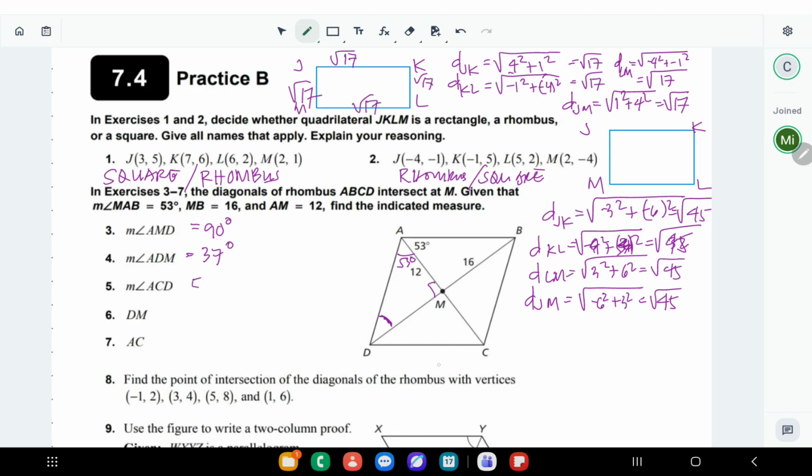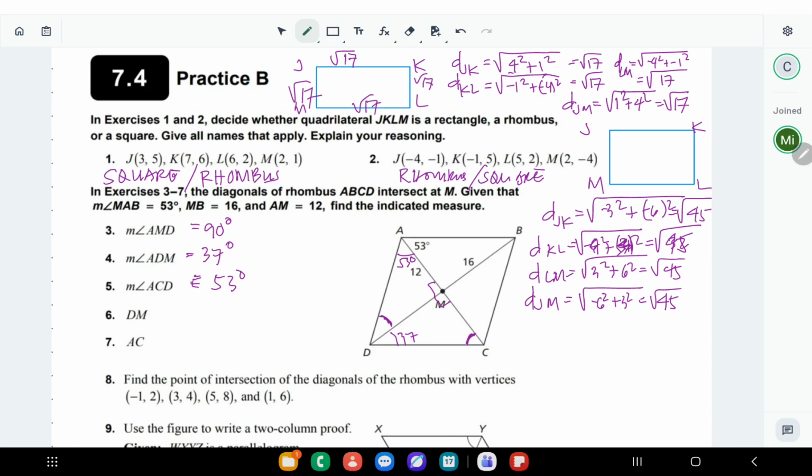Then ACD, this one. The diagonal bisects angle C, and this one is 37 and this is 90, so this is also 53 degrees.